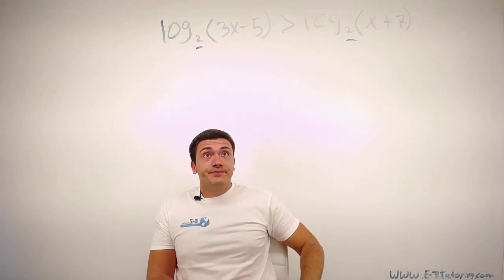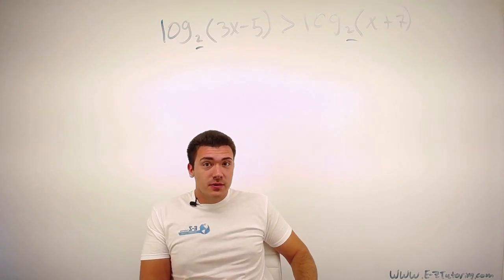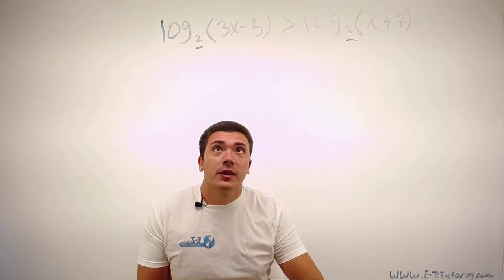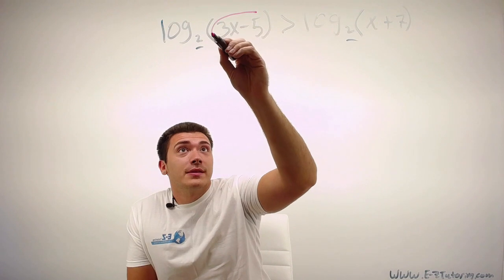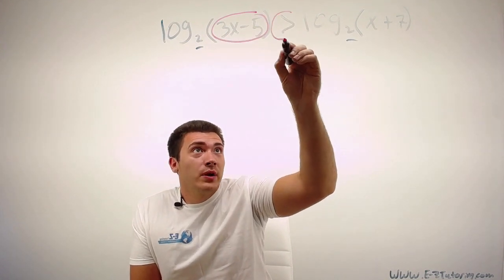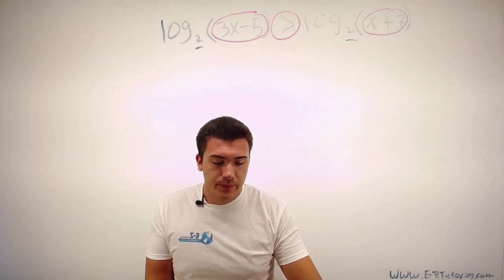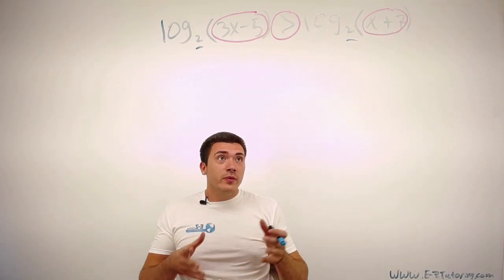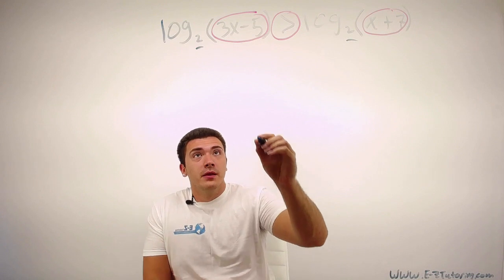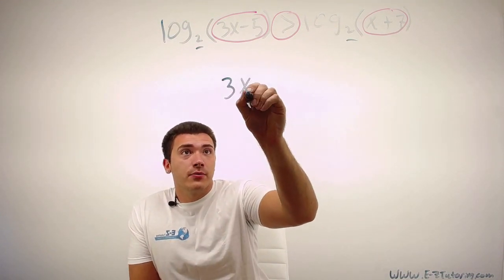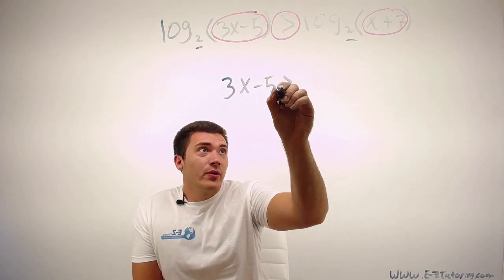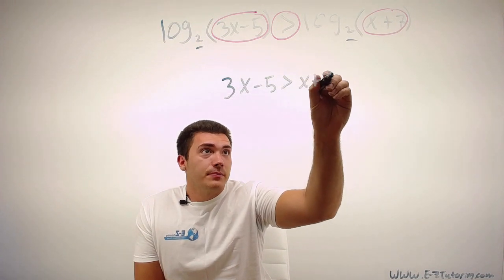So therefore, what you can do is what we did on the last problem. You can actually set what's inside the logarithm greater than what's inside the other logarithm. It works just like the other one where we set them equal to each other. So now we simply say that 3x minus 5 is greater than x plus 7.